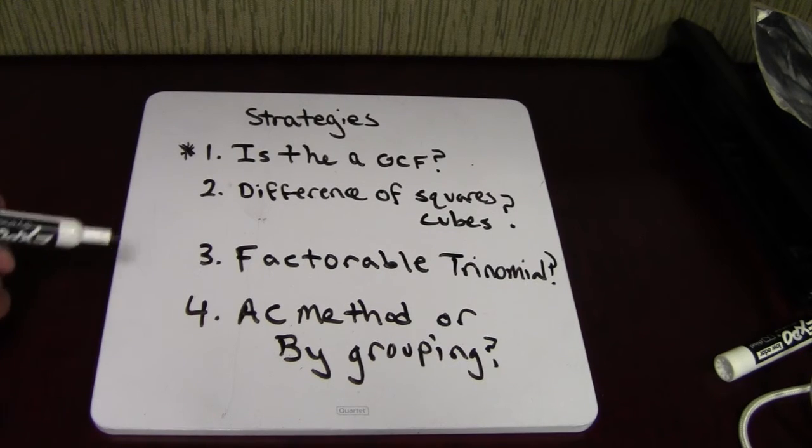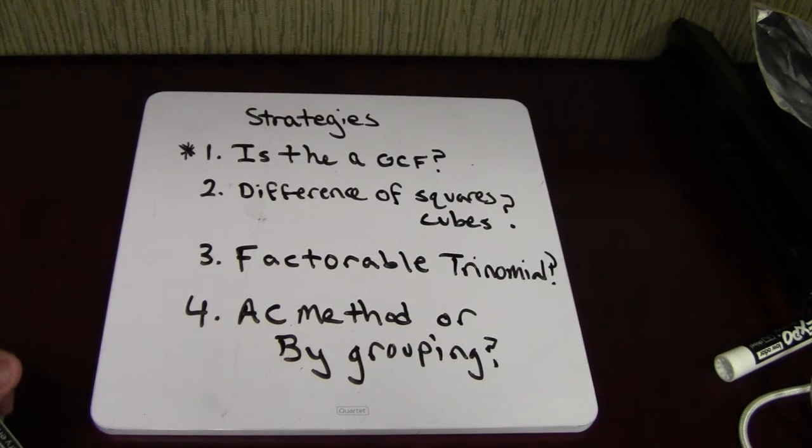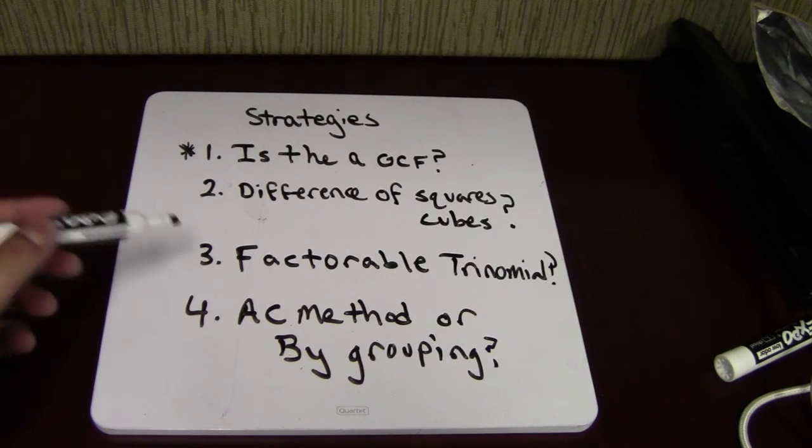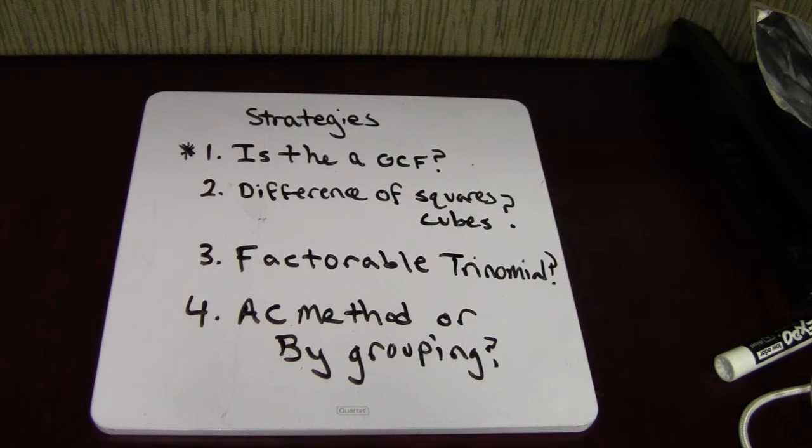The next thing we want to ask: is it a difference of squares or cubes? Those are easy to recognize. So you can cross that question off right away once you've checked if there's a GCF. However, it may come back into play later, which we might see in an example. Next, is it a trinomial? Can we factor that?